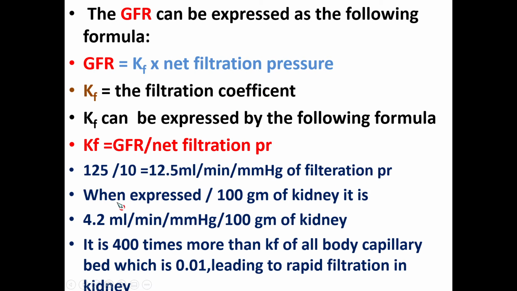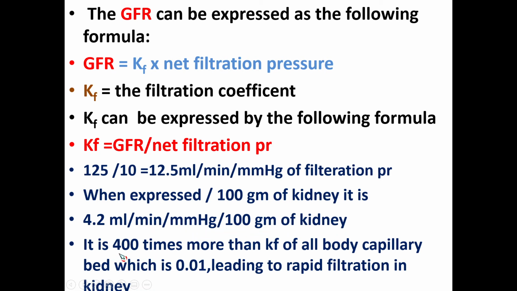If you express this filtration coefficient per mass of the kidney, that is per 100 grams of kidney, it is 4.2 ml per minute per millimeter of mercury per 100 grams of kidney. This is a very important figure to realize how much permeability the kidney has.